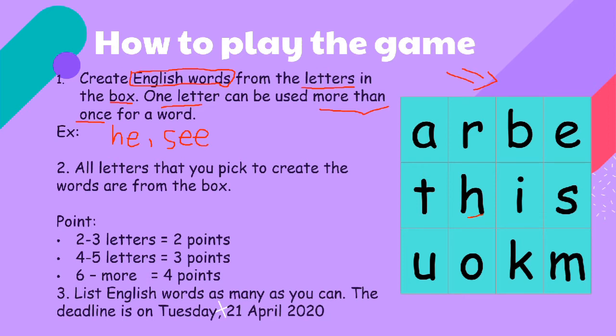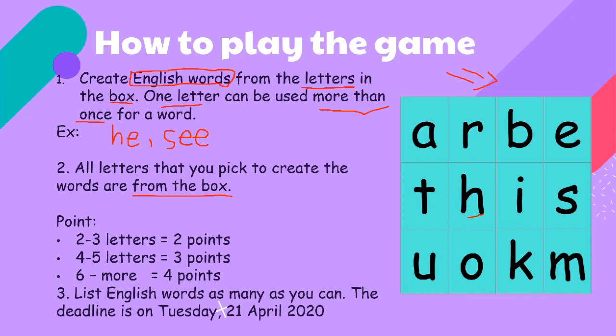Next, all the letters that you pick to create the words are from the box. All of them are from the box. Don't create an English word where one or some of the letters inside the word are not from the box.